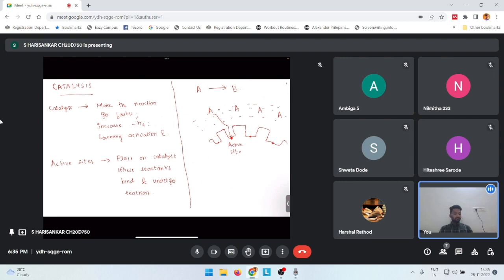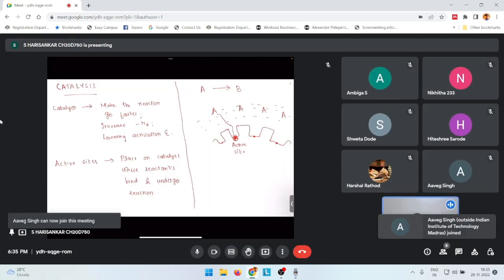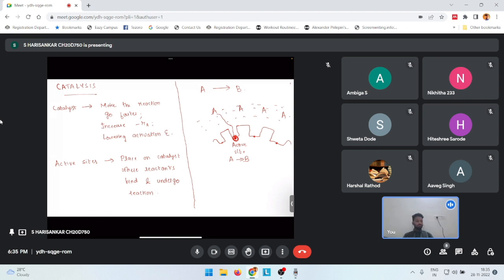At this point your reaction occurs, A gives B at an active site. Once that happens, your B will diffuse out of this active site and go back into the medium. This is a very simple way of putting how a catalytic reaction occurs.